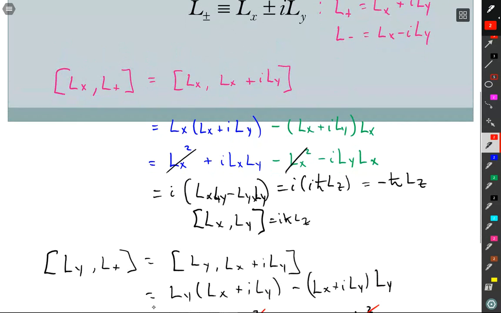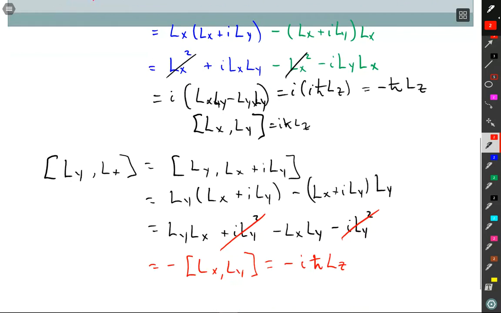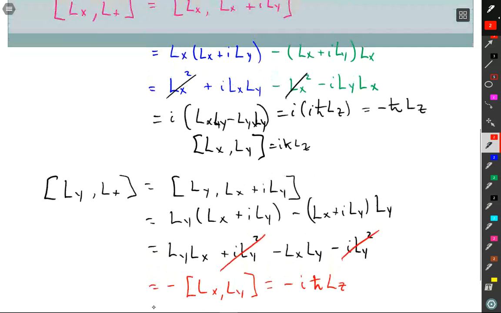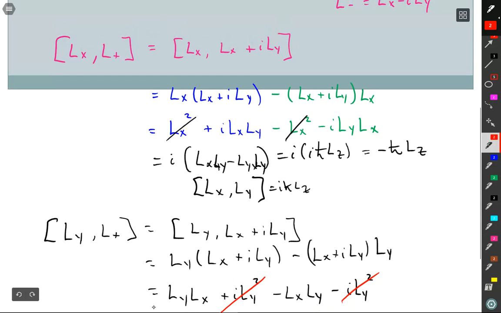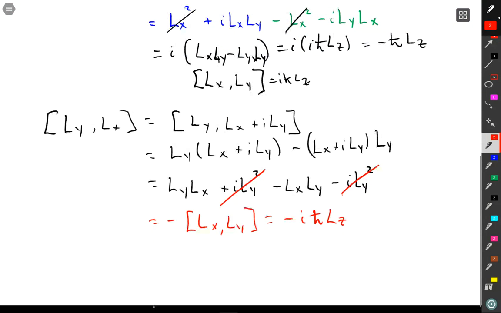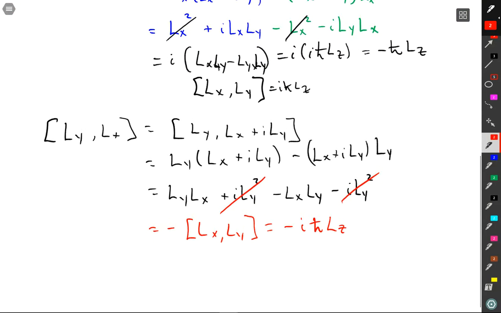So your answer is the opposite sign. Since these had the i with them, it would change the sign. So Lx with L minus would be minus this, so plus H bar Lz. And here, it wouldn't make any difference because the terms with the i's were the ones that subtracted out.